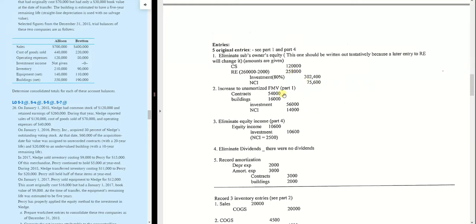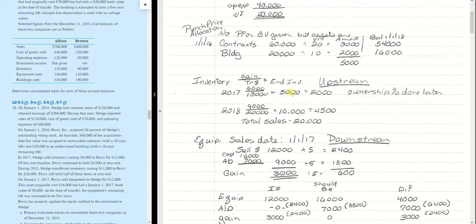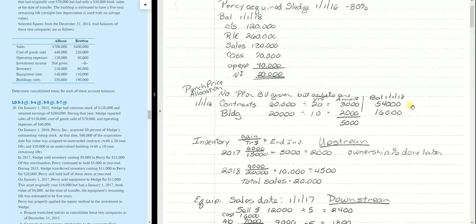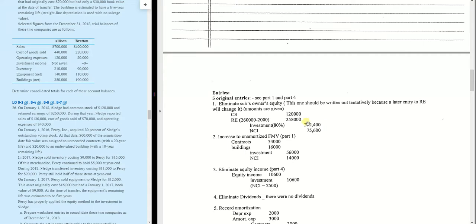I'm going to adjust my assets to fair market value. Hopefully you have them written, this paper in front of you, or you have written all this down. If you haven't written it down, you're wasting your time. You have to write this down in practice. So 54,000, 16,000 against 80 goes to the investment, non-controlling interest is 20.